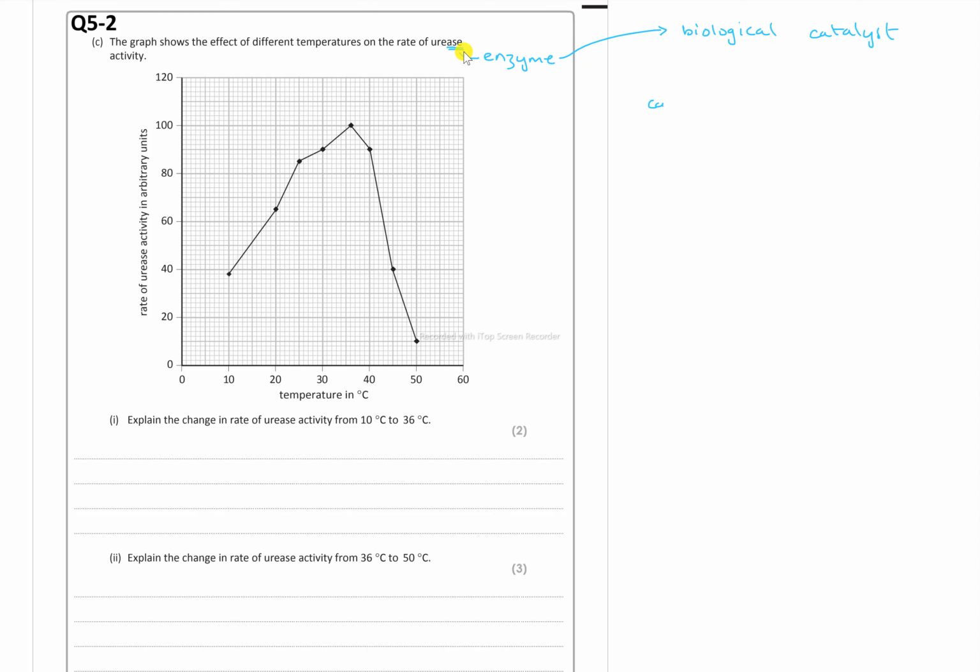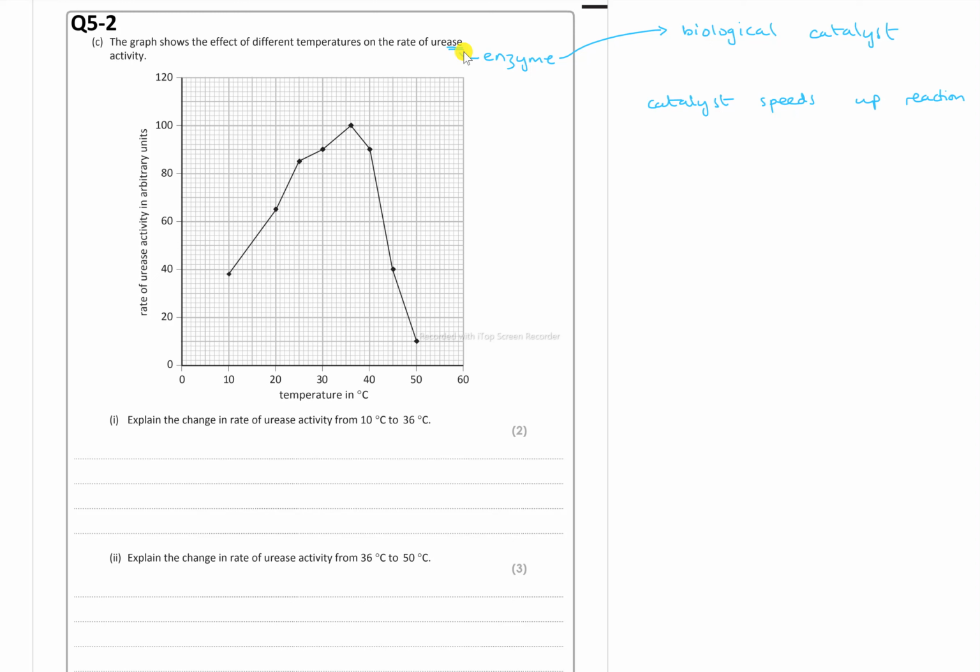We said a catalyst speeds up reactions. We're not doing the chemistry definition, we're just saying it speeds up the reactions for now.